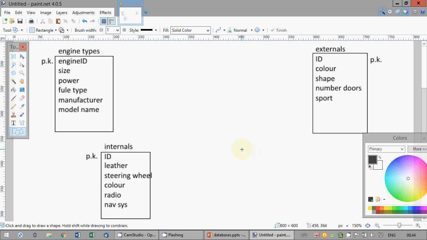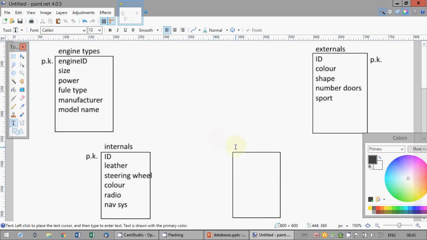Okay, and now let's go on to the last table. Clearly, if you want to build a real database, I think there are at least 10 different tables because 10 different customization sets. Let's talk about tires. Okay, ID.